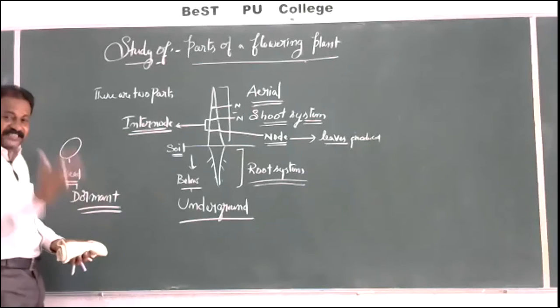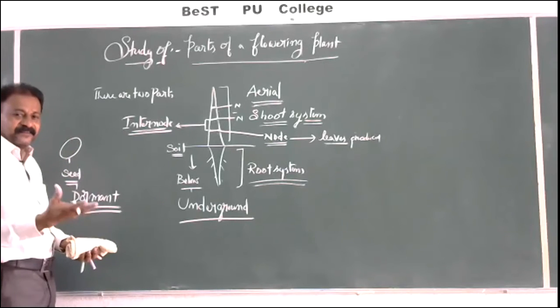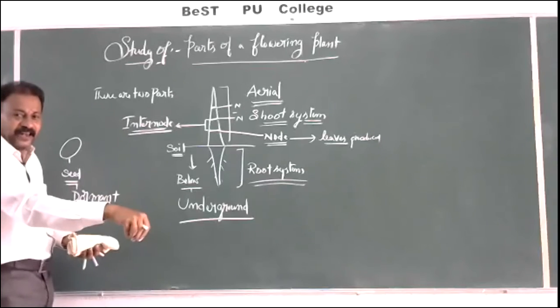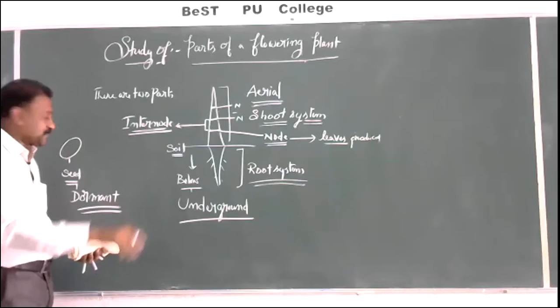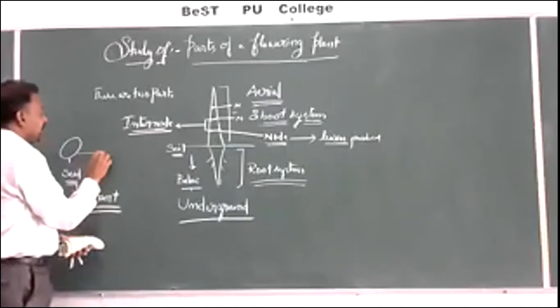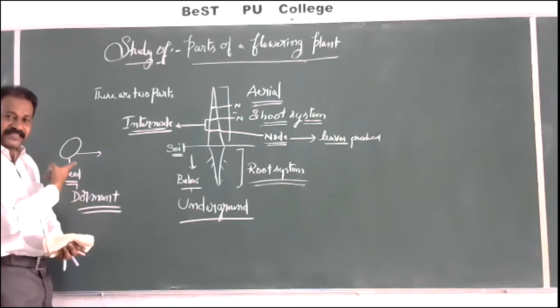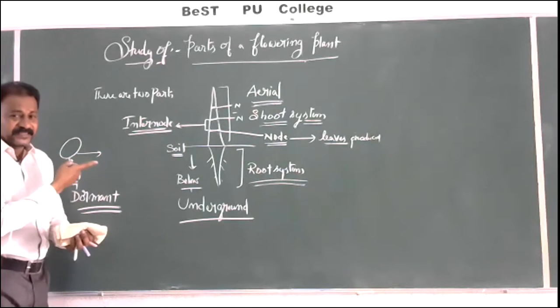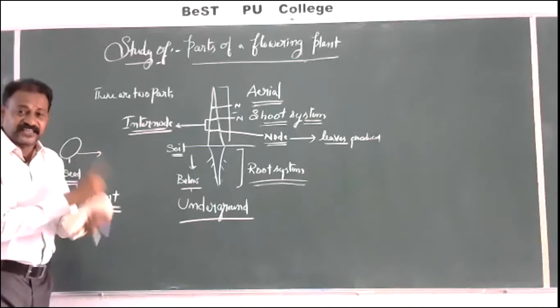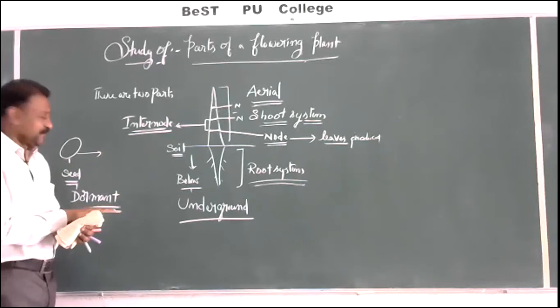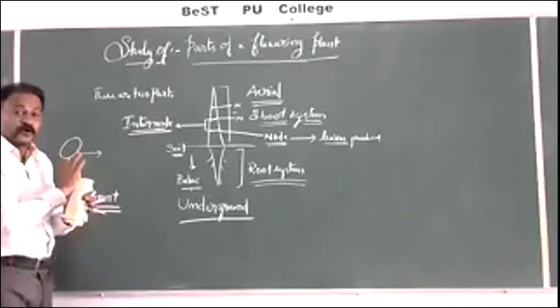But when you take the seed from the gunny bag and sow that seed in the soil, pouring some water, this seed will germinate. It means it is living. So the inactive state of seed is called dormant seed. As long as it is dormant, it is not going to germinate.